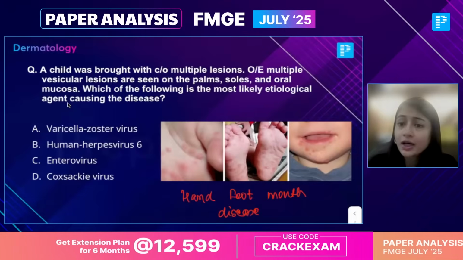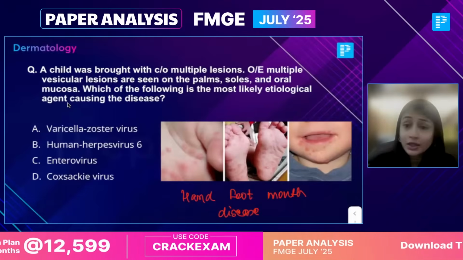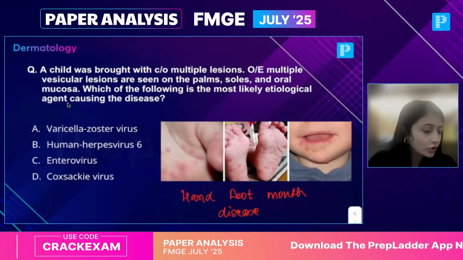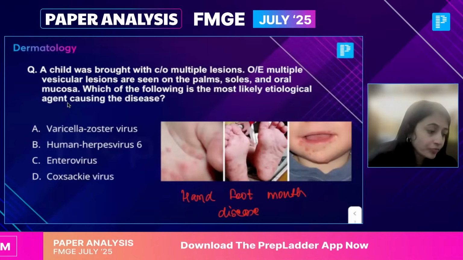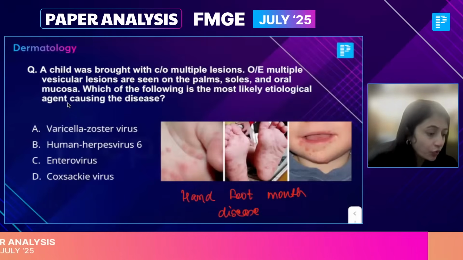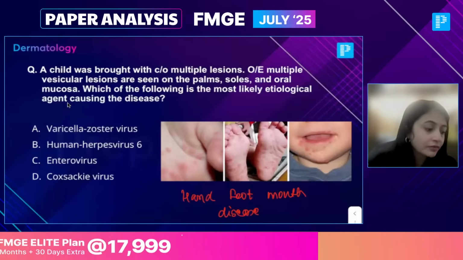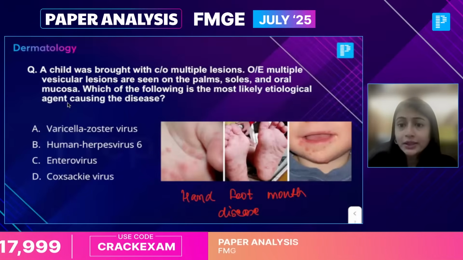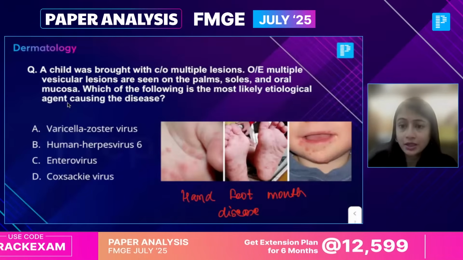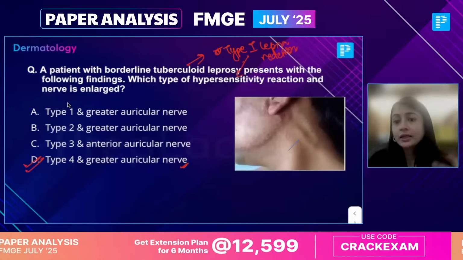Okay, even if they asked only about the nerve, did they show this image of the greater auricular nerve? One thing is quite clear, that in the previous image they had given you this nerve.